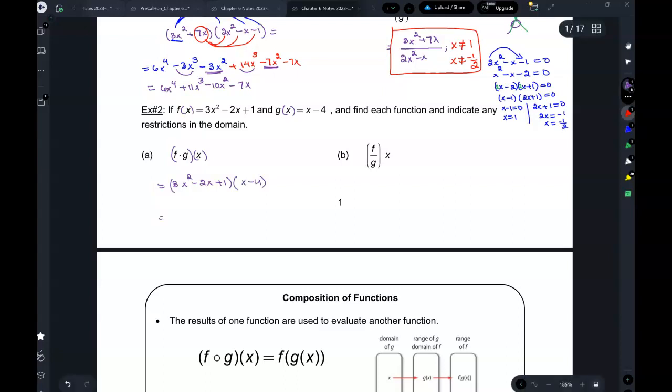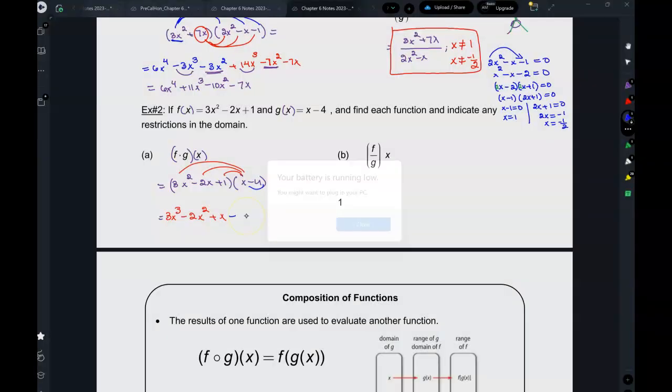Okay, so first multiply the x into here. Okay, so what do I get? 3x cubed. Right, and then the minus 4. So I get minus 12x squared.